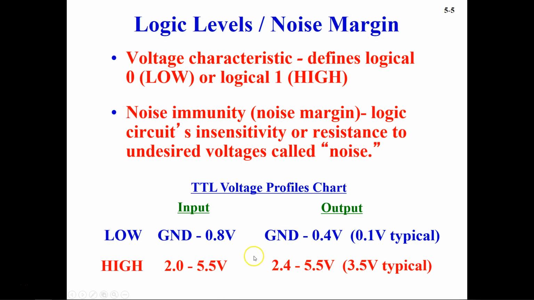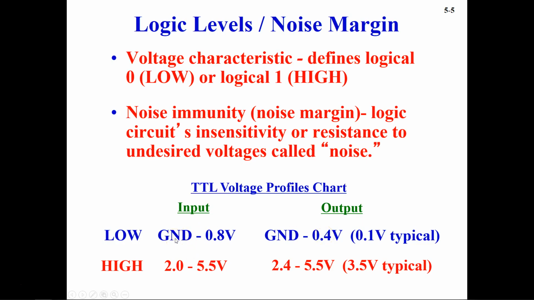Now the difference between the tolerable output and input ranges is called the noise margin of the gate. So you can calculate the noise margin for TTL.